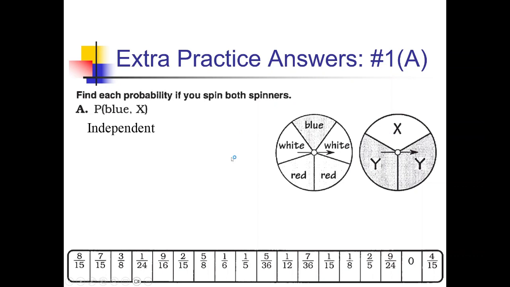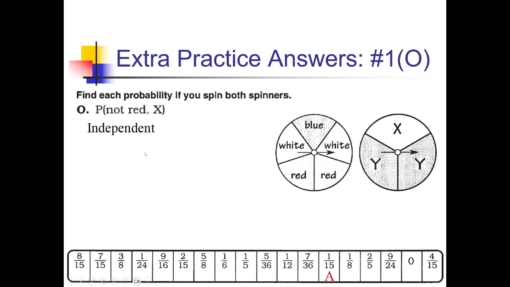So we have the probability of blue. We have 5 total possibilities. Blue is one of those 5 possibilities, so 1/5. And then for X, there's 3 possibilities. X is one of the 3, so we have 1/5 times 1/3, which comes out to 1/15. And 1/15 is right down here, so this was problem A, so we'll put an A under 1/15.